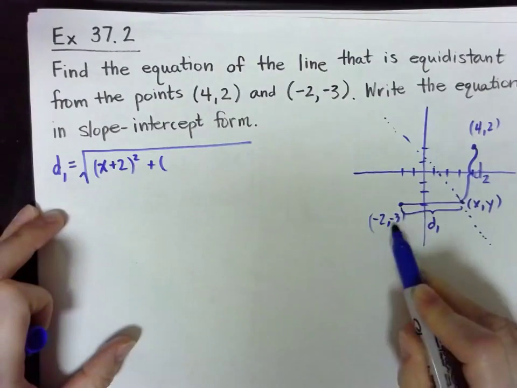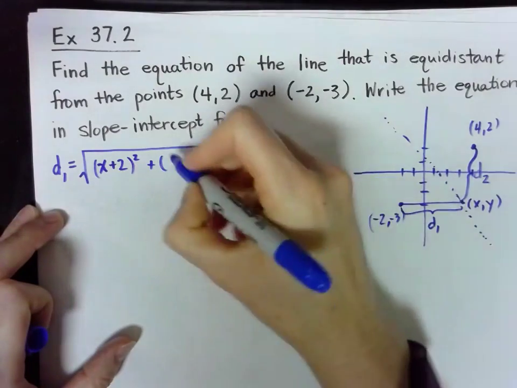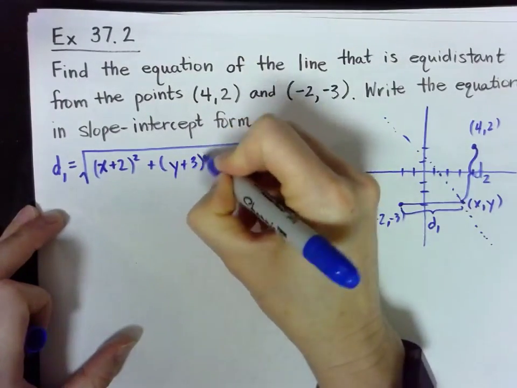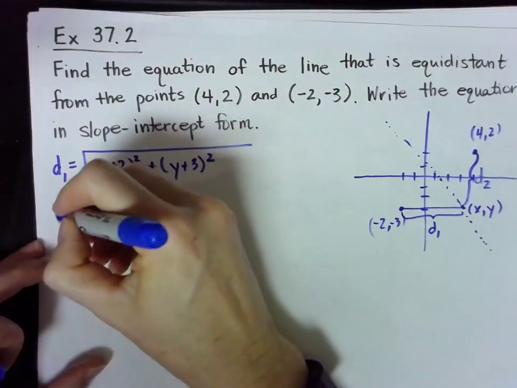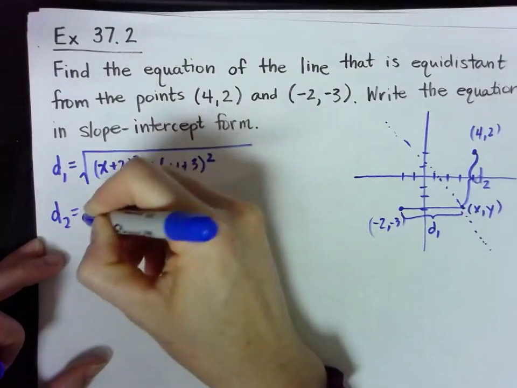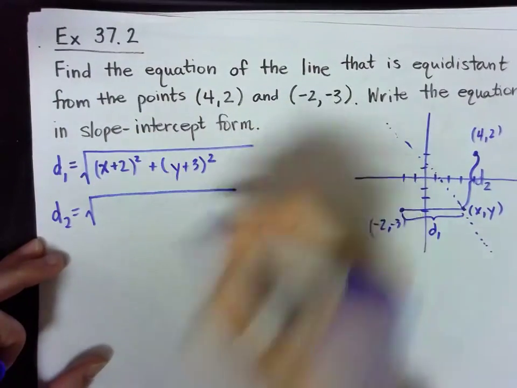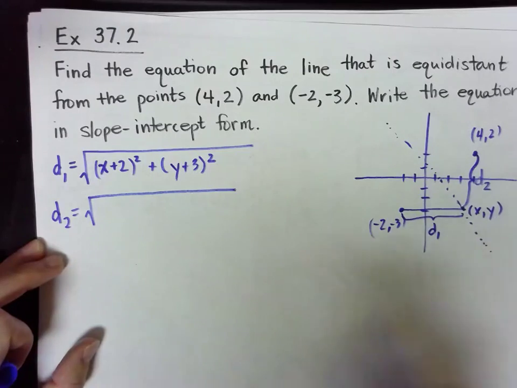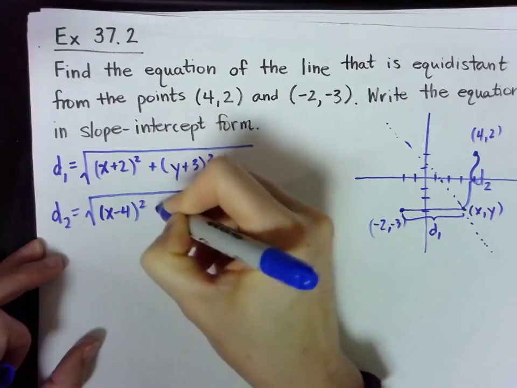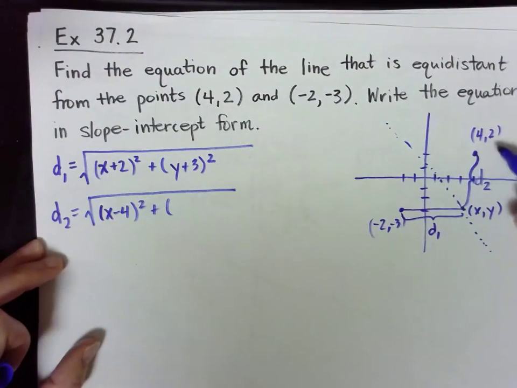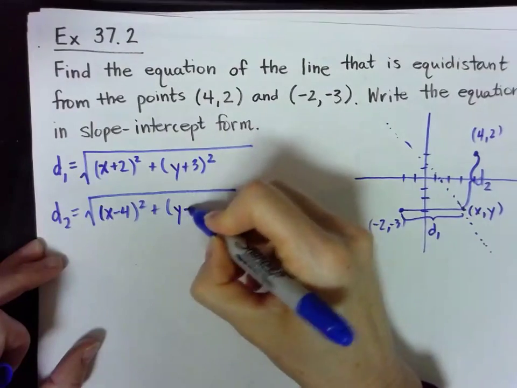And then y minus -3, or y plus 3, squared. So that would be the distance D1. The distance D2 we can find in a similar manner. So we would have x minus 4 squared plus y minus 2 squared.